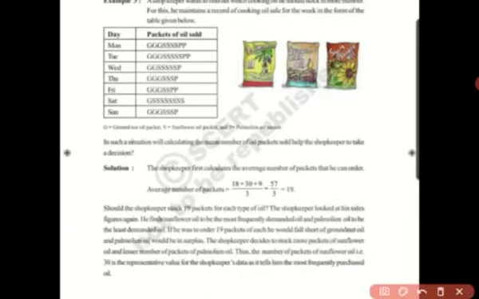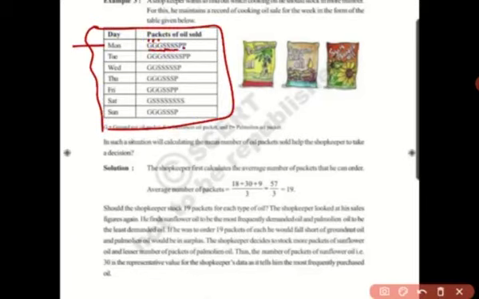He wants to maintain a record and see which cooking oil is getting sold more. So he maintained the data in a table something like this. On Monday, if someone came and took groundnut oil, he put G, and similarly for sunflower oil and palm oil.